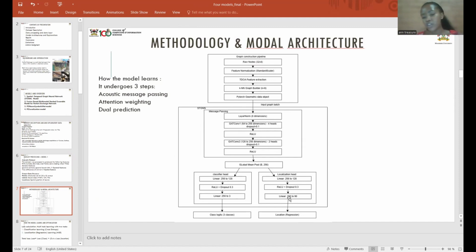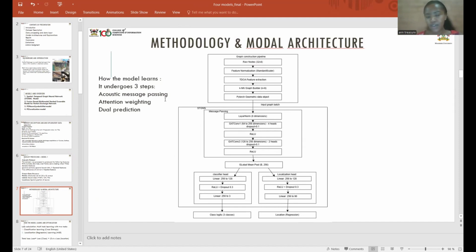And then in the localization head, they have been reduced to, say, 90 probabilities. Each of them represents the location of the sound source. So this is how the graphical neural network works.